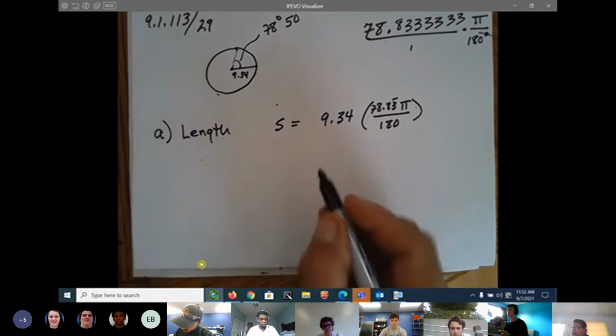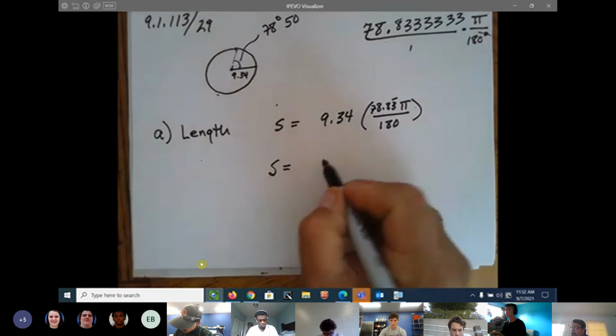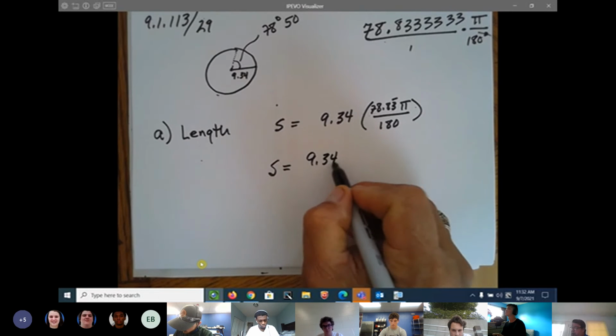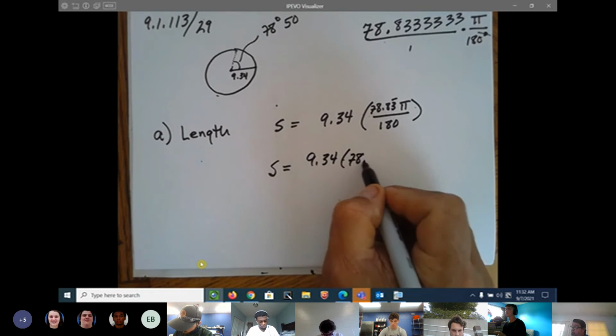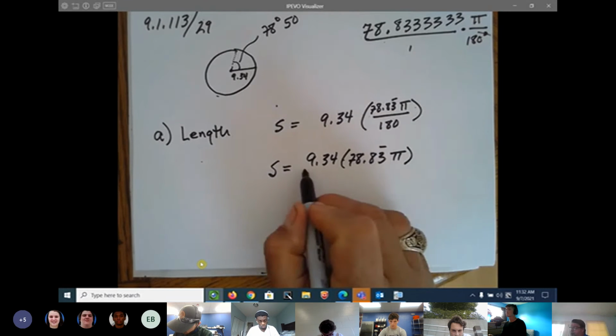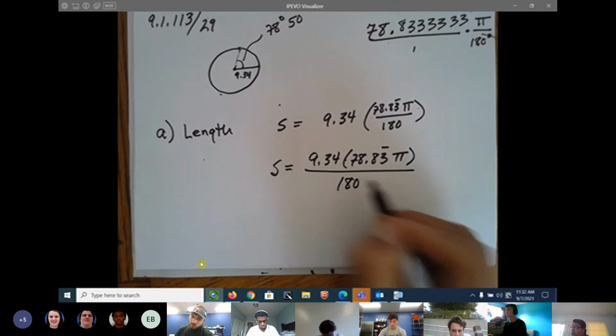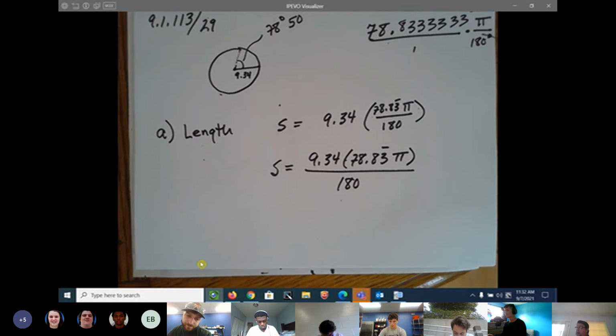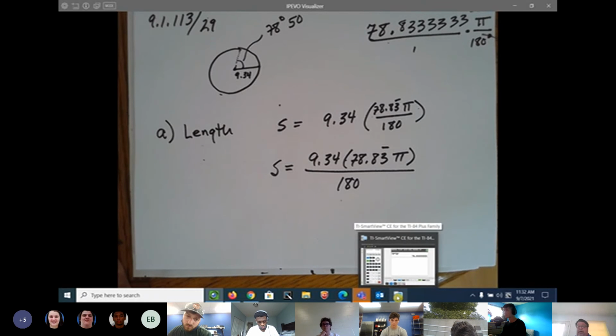And that's going to be S is equal to 9.34 times 78.83 pi over 180. So I'll go ahead and type it in the calculator. I'm not going to type in the pi because I believe they've been wanting pi.